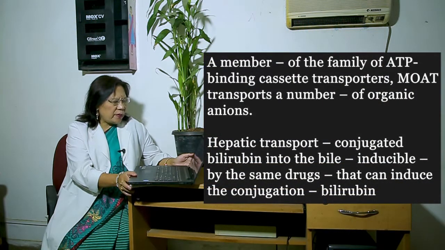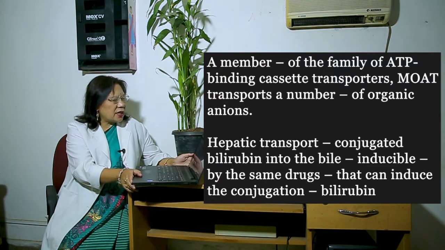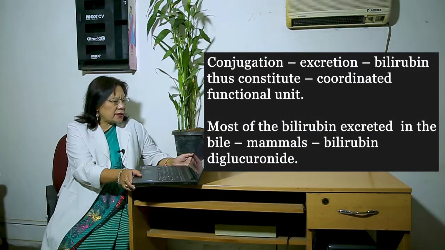A member of the family of ATP binding cassette transporters, this multispecific organic anion transporter transports a number of organic anions. Hepatic transport of conjugated bilirubin into the bile is inducible by some drugs that can induce the conjugation of bilirubin. The conjugation and excretion of bilirubin thus constitute a coordinated functional unit.